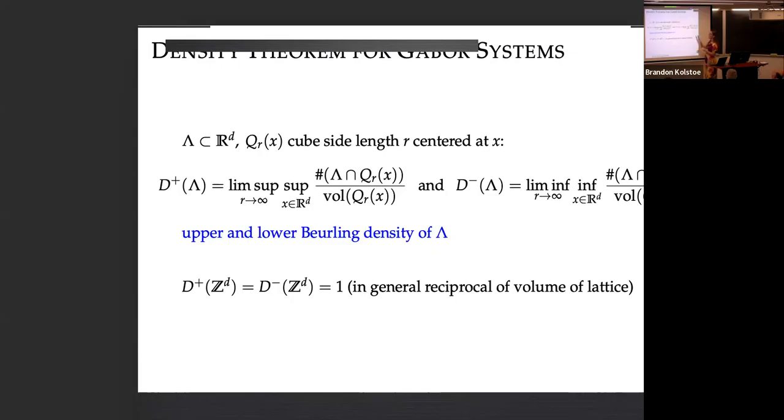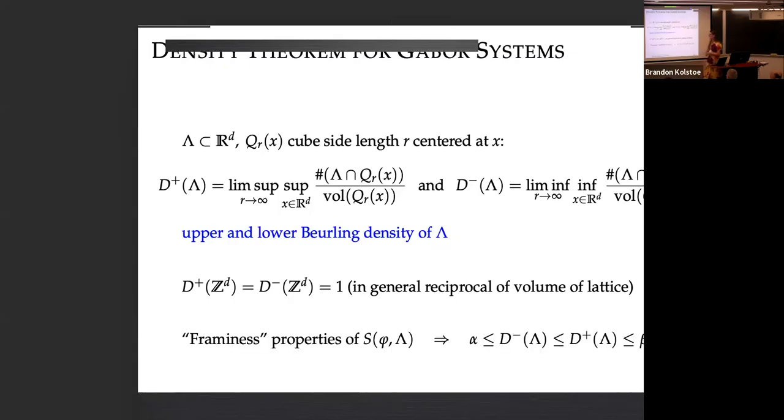So in a sense, one can view the Beurling density as saying, how far off are you from really being a lattice? You're perturbing a lattice in a sense. And the framiness properties of the Gabor system has to do with certain boundedness of these different densities. If you expect your Gabor system to be a so-called Riesz sequence, then you get this alpha is 0, and we get a 1 here, and there's a long list of these things. See this review paper if you want all the, I think, 7 different parts of the ways you can fill in these alphas and betas.